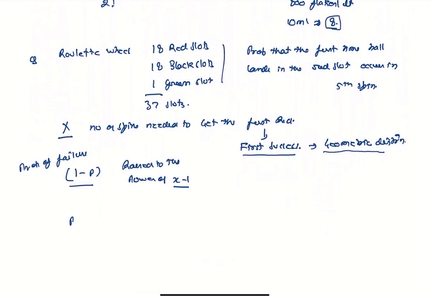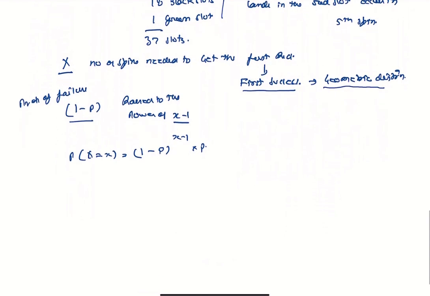So the probability of x equal to little x is going to be 1 minus p to the power x minus 1, times p, because this is the formula for the geometric distribution probability.